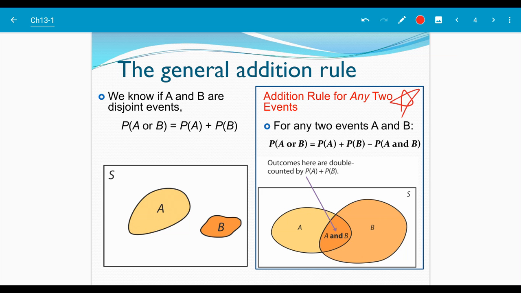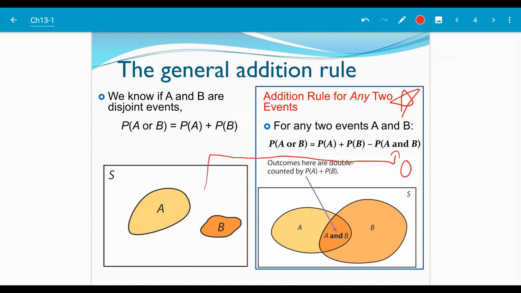The probability that A or B happens for any two events, whether they overlap or not, is the probability of A plus the probability of B minus the probability of A and B. If they were disjoint and there was no overlap, this probability of A and B is 0.